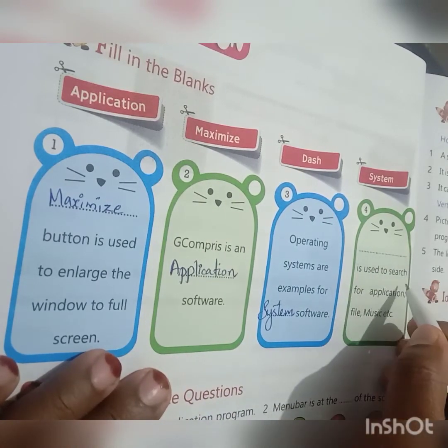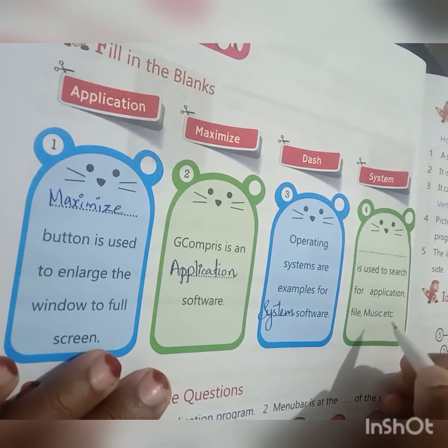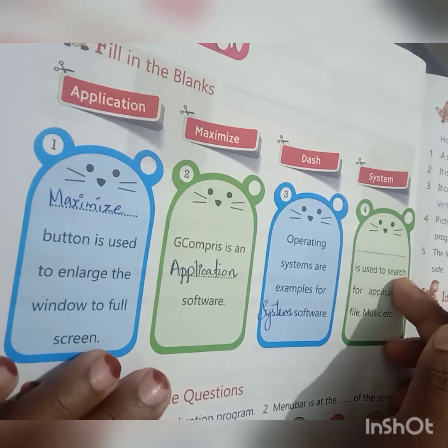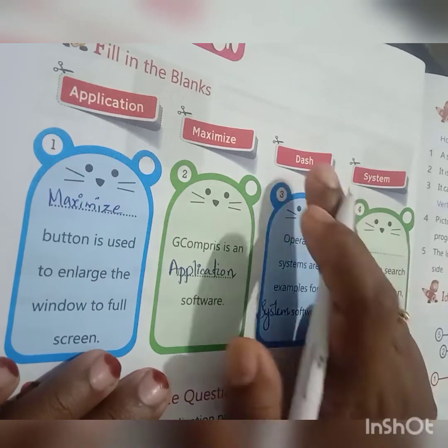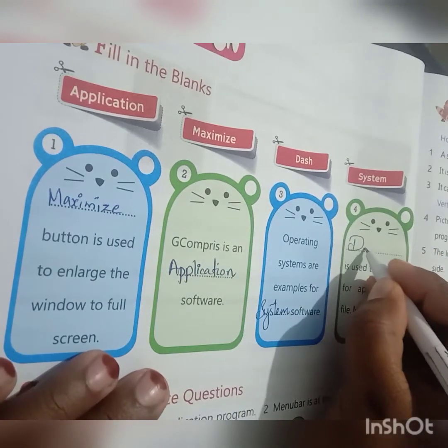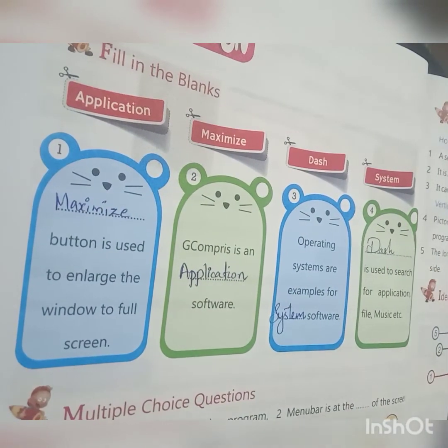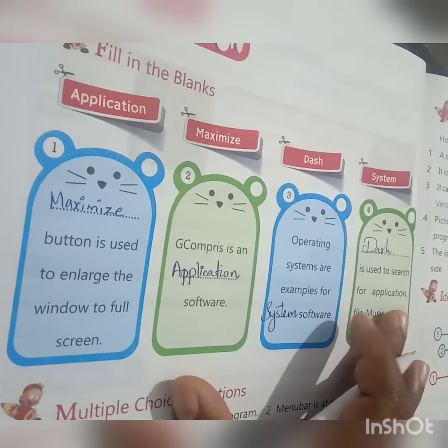Dash is used to search for application files, music, etc. Where can you search the items in Ubuntu, children? Dash. Okay. So fill this as I fill. Now itself you fill it.